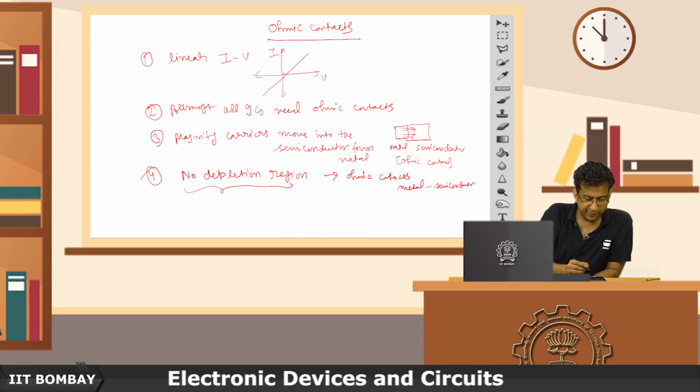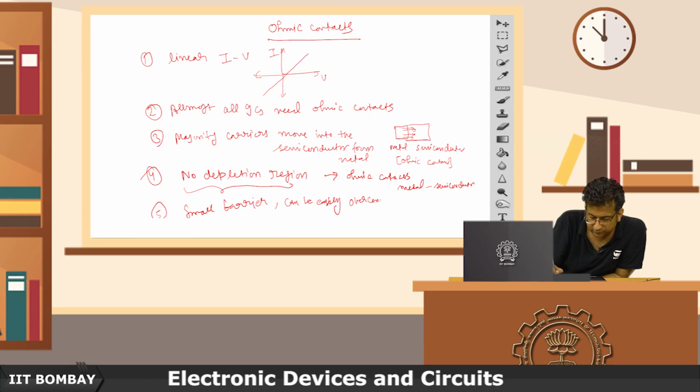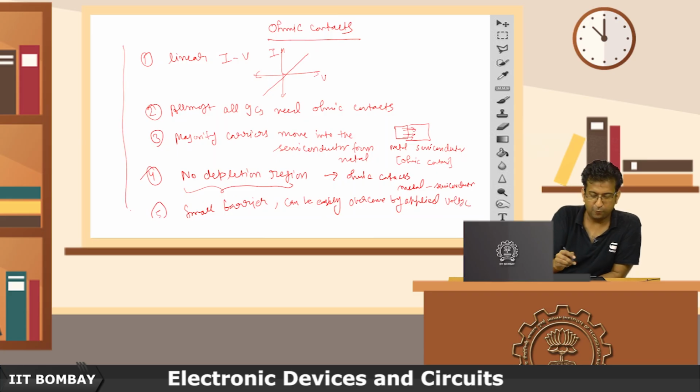In ohmic contacts there can be a small barrier potential, but unlike the metal semiconductor junction we discussed in the last lecture, with a finite barrier which doesn't allow the movement of charge carriers from metal to the semiconductor, here there is a small barrier which can be easily overcome by applied voltage. So these are the basic things with the ohmic contact.